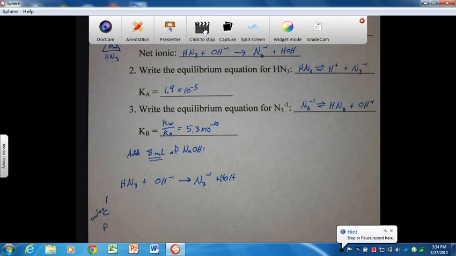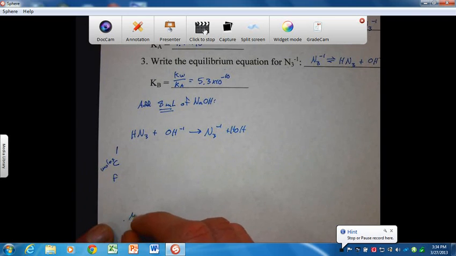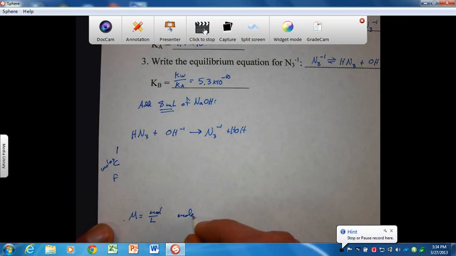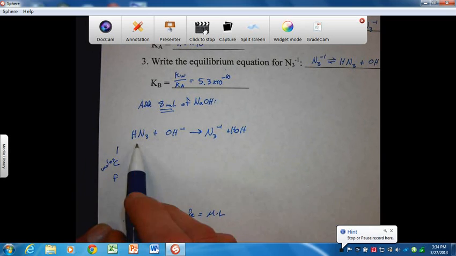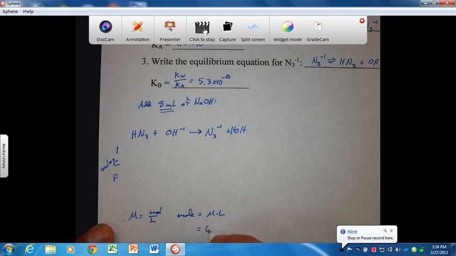So in doing so, I remember that molarity is moles over liters. So to find out the number of moles, I'll just say that moles equals molarity times liters. For the weak acid, the molarity was 0.1, and the liters were 10 mils, so 0.010 liters.